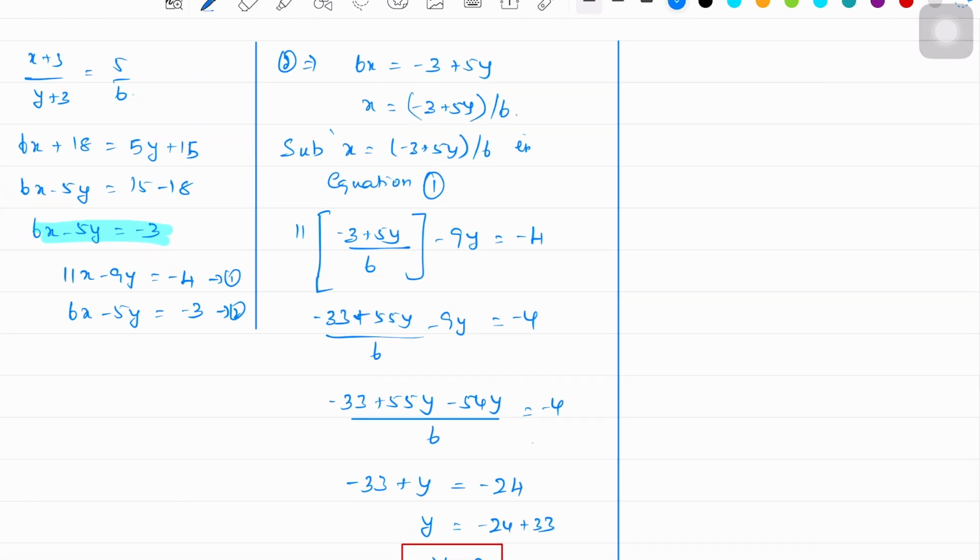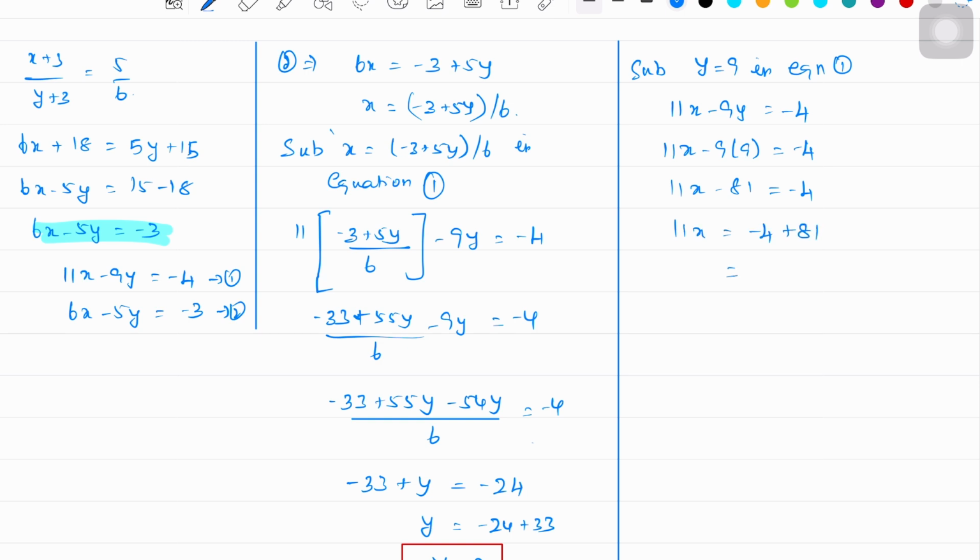We can find out x, substitute y equals 9 in equation 1. So this is 11x minus 9y equals negative 4, and 11x minus 9 times 9 equals negative 4, 11x minus 81 equals negative 4, 11x equals negative 4 plus 81, that is equal to 77.